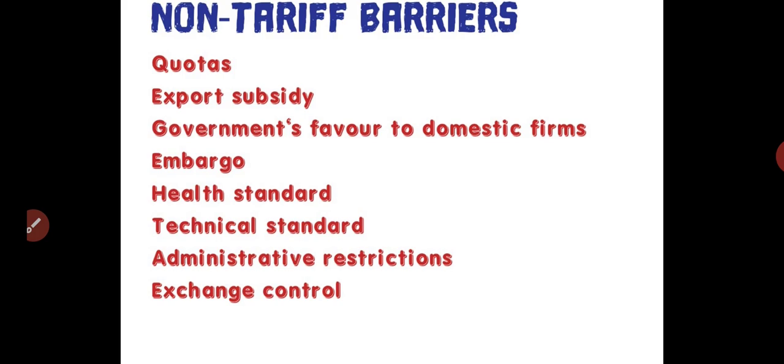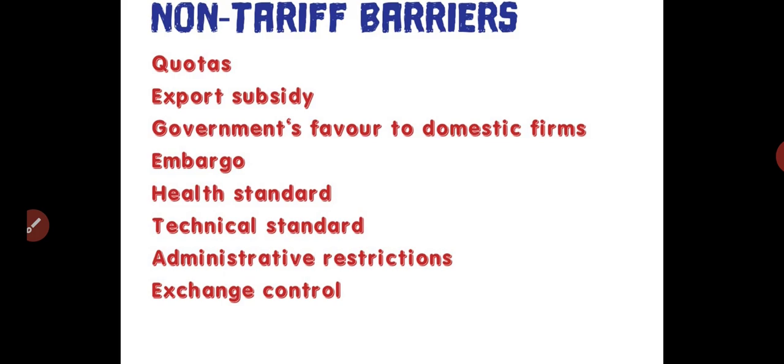Another one is administrative restrictions or administrative delay. This is possible with the bureaucracy. Bureaucrats may demand some documents for sanctioning the import license or export license. So this is the way in which the import or export of commodities may be delayed. Another one is exchange control.